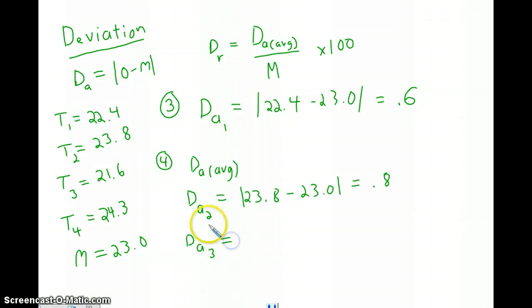Again, all we would do is plug in 21.6 for the observed and subtract like we did up here, and the absolute deviation for trial 3 is 1.4. And for trial 4, doing it similarly with the 24.3, the absolute deviation comes out to 1.3.